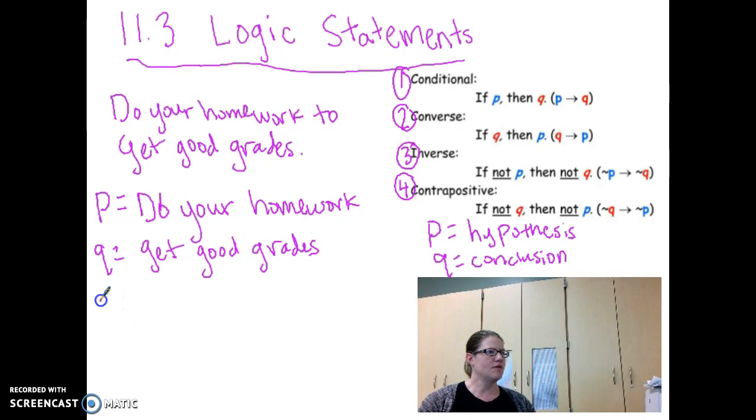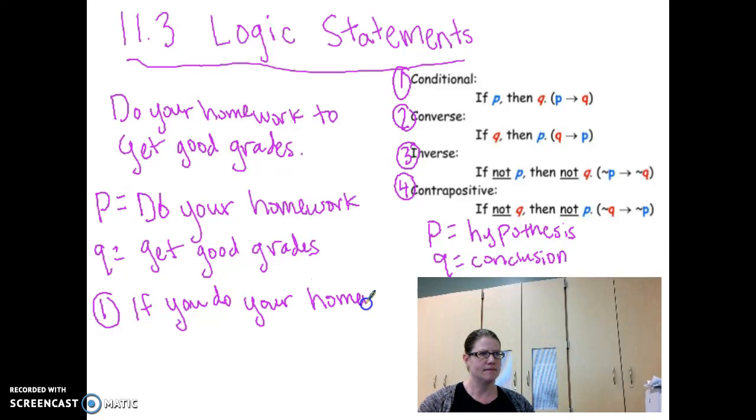Okay, so the first thing we're going to do is state the conditional. A conditional is a logic statement that says if P happens, then it's going to make Q happen. If P happens, then Q happens. It follows logically. So if we were to write do your homework to get good grades as a conditional statement, or as an if-then statement, it would say if you do your homework, then you'll get good grades.